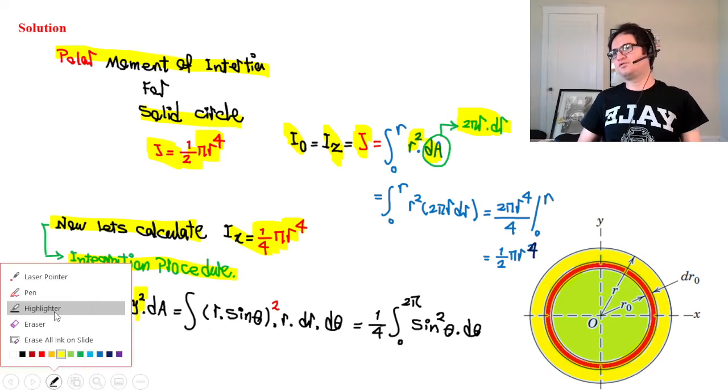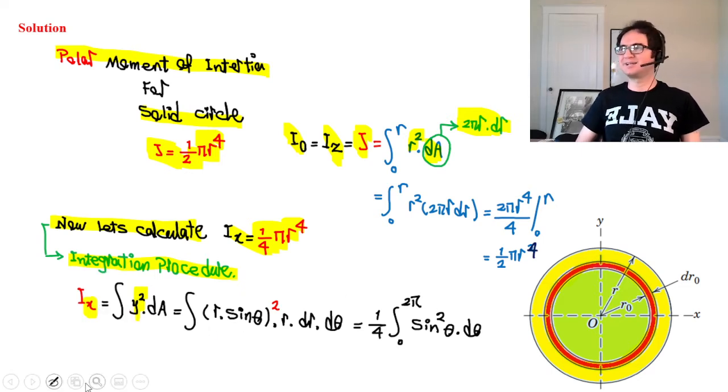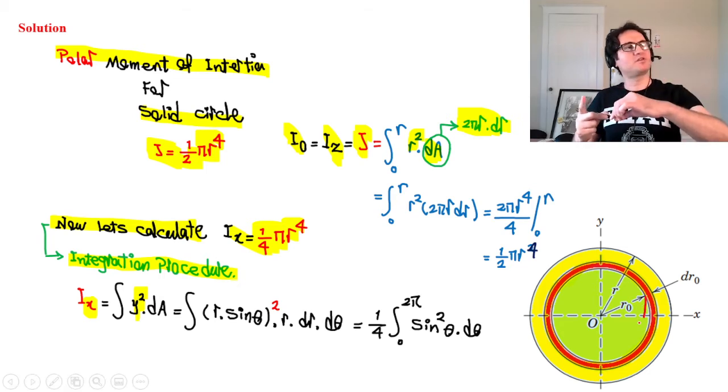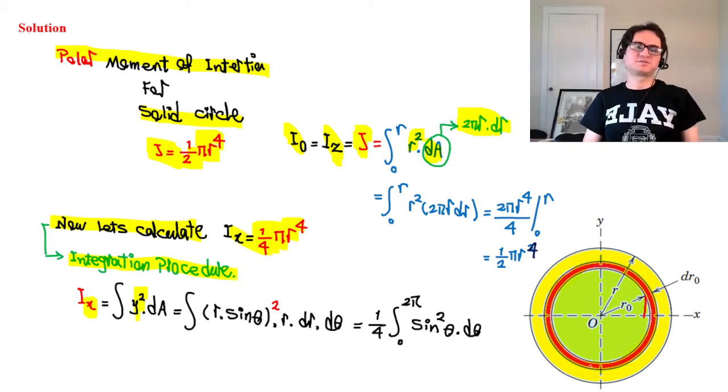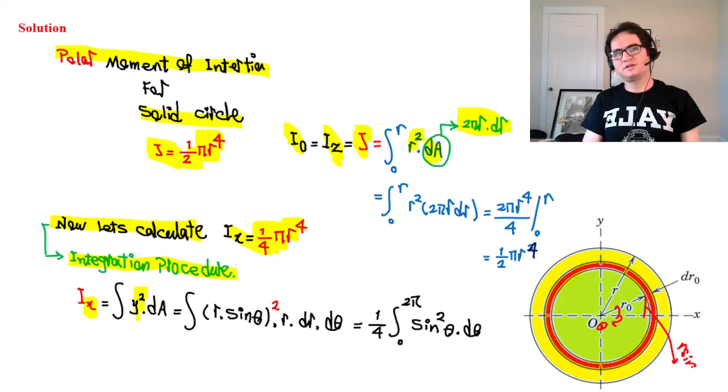If you translate r and r naught, the radius goes all the way from 0 to the whole radius r, so it doesn't matter if you call it r or r naught. Just be careful about the growth. If this is theta and this is r sine of theta, that's y.